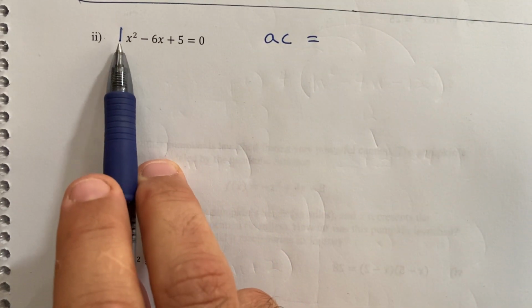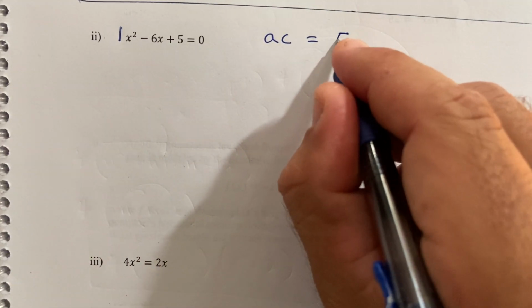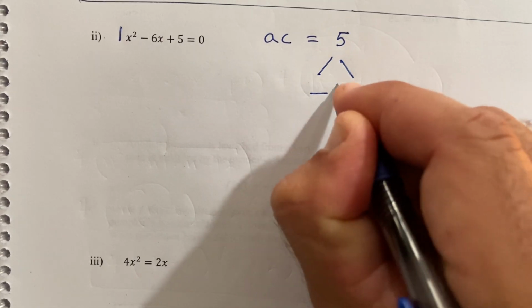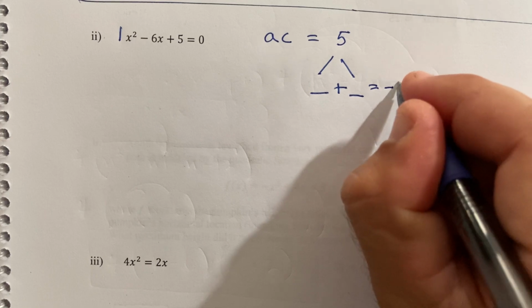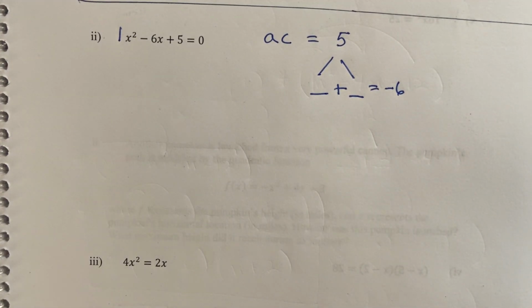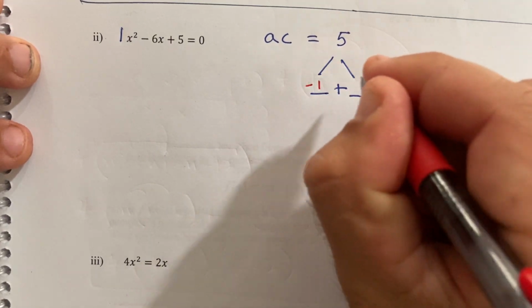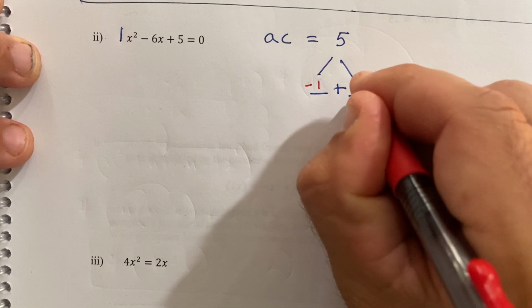So A times C, 1 times 5 is 5. And then I've been saying, let's go ahead and find factors of 5 that add up to, in this case, -6. So we could use -1 and -5.